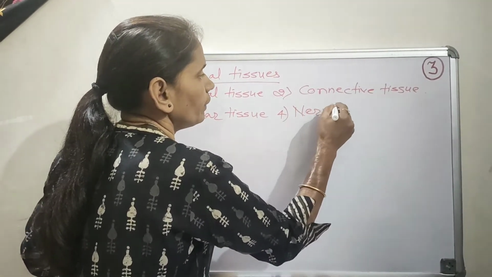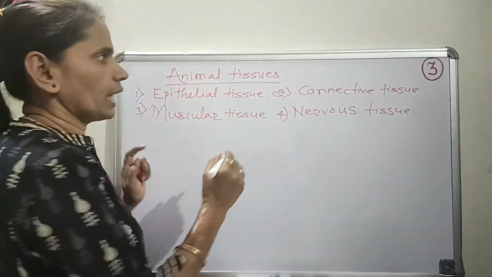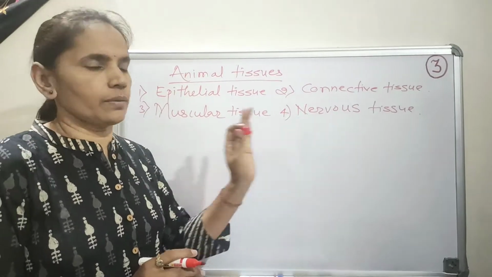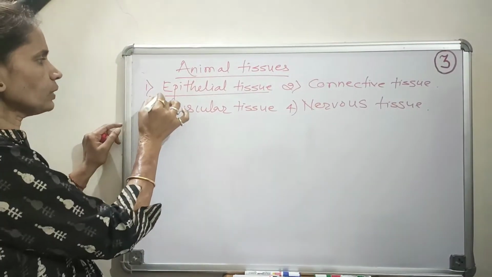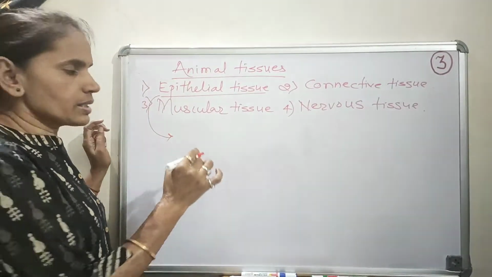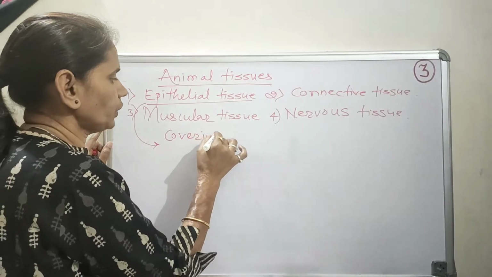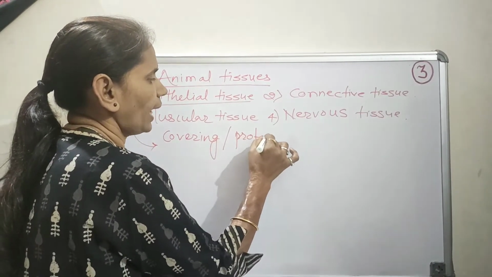Now we have to discuss each of these types of animal tissue in detail along with its different types. Now we will begin with the epithelial tissue. This epithelial tissue forms a covering or protective layer in the animal body.